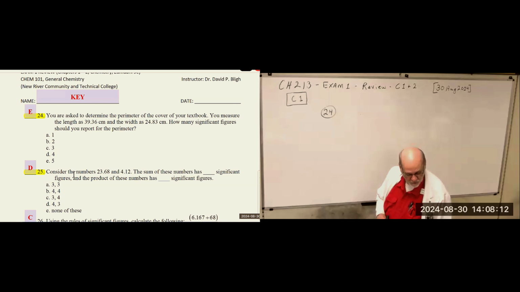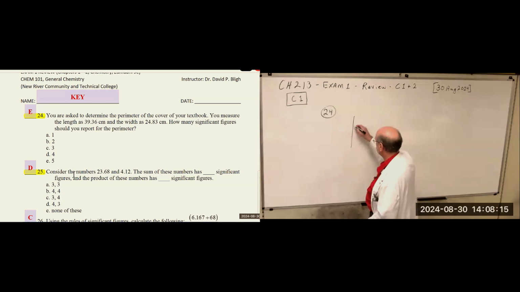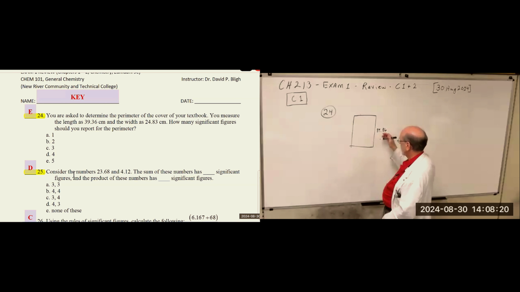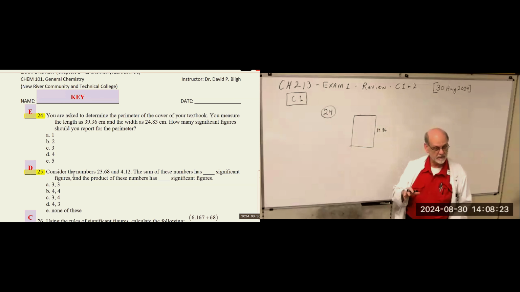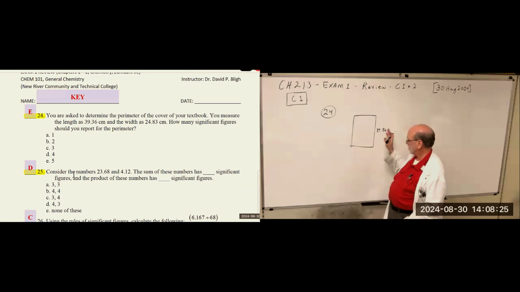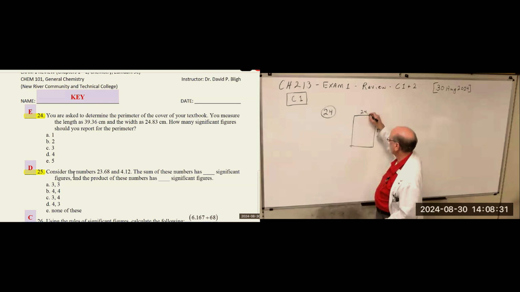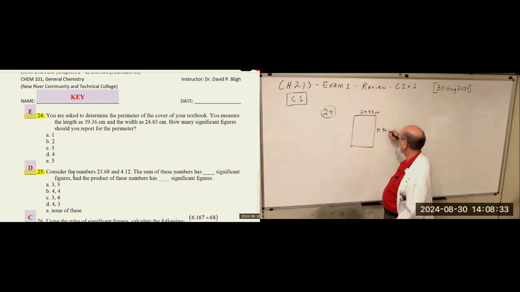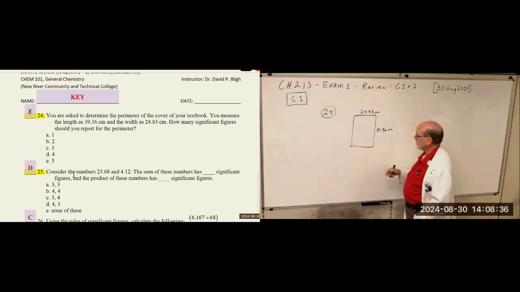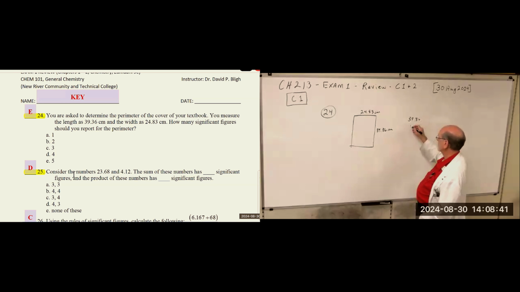But the length is 39.36 on both sides. If we're doing the perimeter, we need two of these and two of those at 24.83 centimeters. So we need 39.36, 39.36 for the other side, and then 24.83 twice.